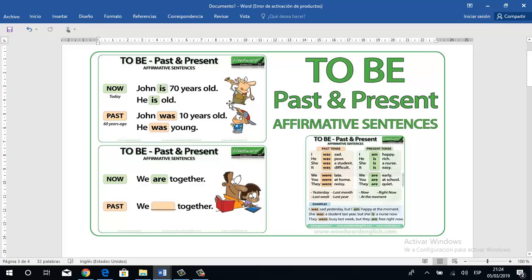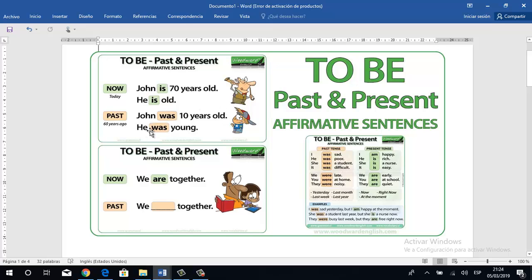So let's come back to this first picture now, which is better understood. For example, if you have in the present John is 70 years old, or you say he is old, just into the past you will have the same. John was, instead of is, 10 years old. So it's just like you're talking into the past.